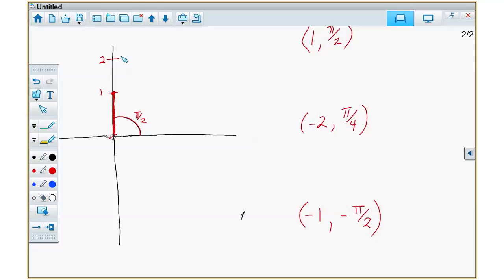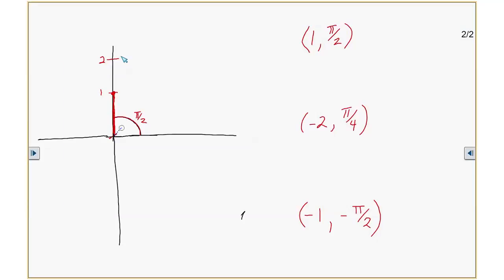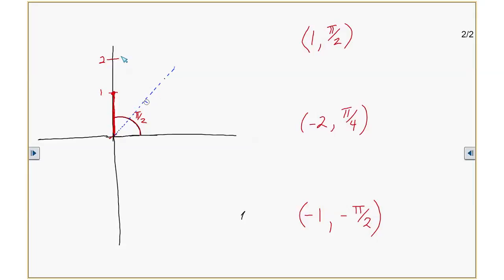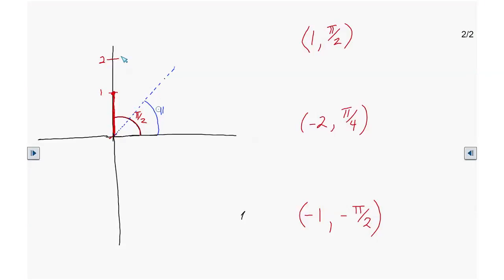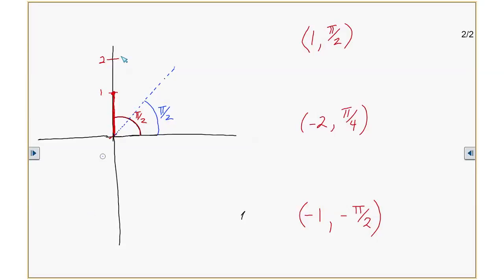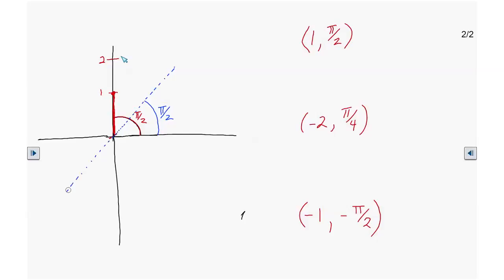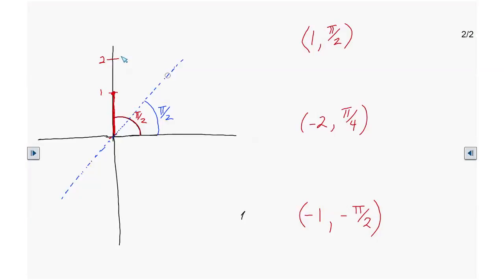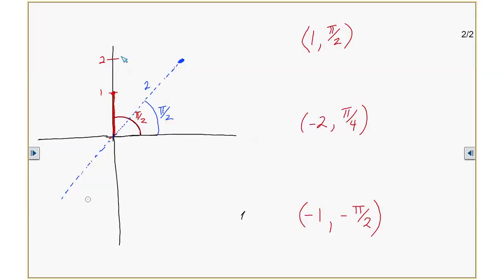So, I'm just going to draw a line and put pi over 4 right here. And I'm going to draw a line here because we have if positive 2 is right here, then what? Pi over 4.